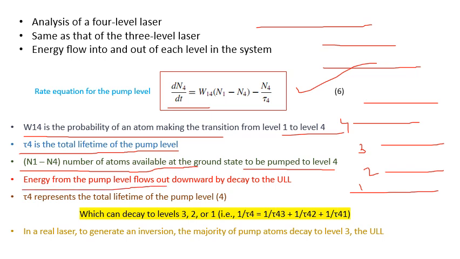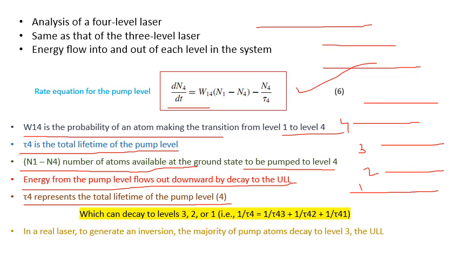Energy from the pump level flows by decay to ULL, and then from ULL to LLL. So tau 4 represents the total lifetime of the pump level 4, which is usually very short.